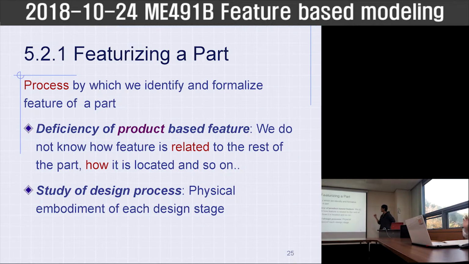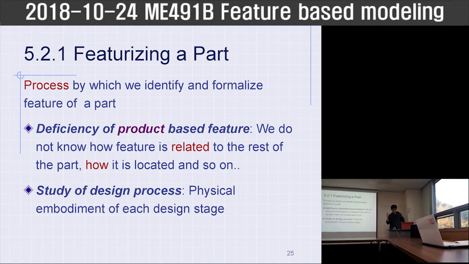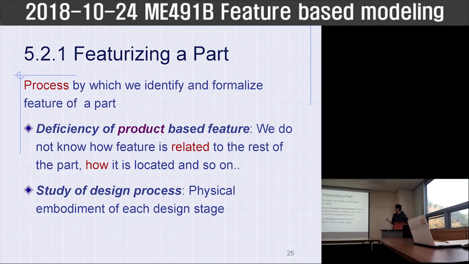The first one is that we can look at the feature and forget any kind of relation it has to the overall product. When we look at this feature individually, we do not know how the feature is related to other parts, how it is located, or how it can affect other parts. We just want to look at something specific, something that we can call a feature, some section that is unique.